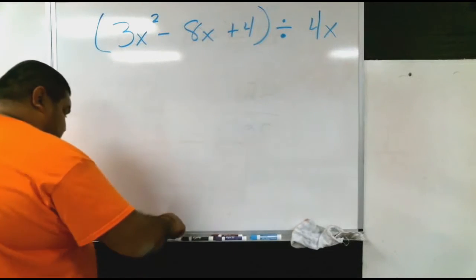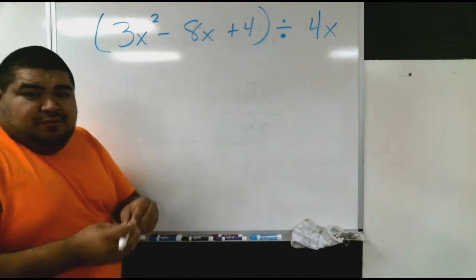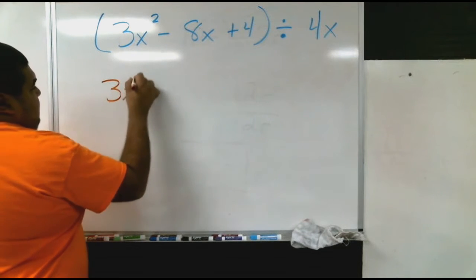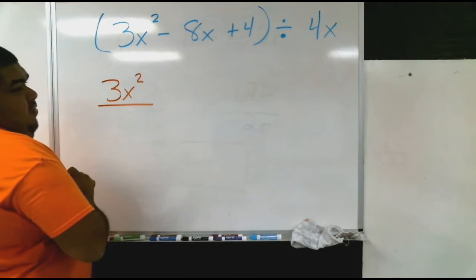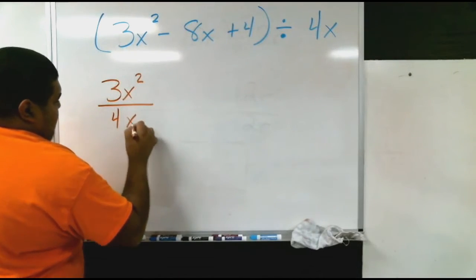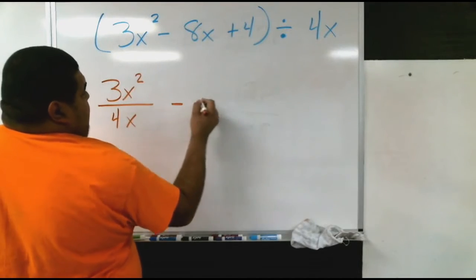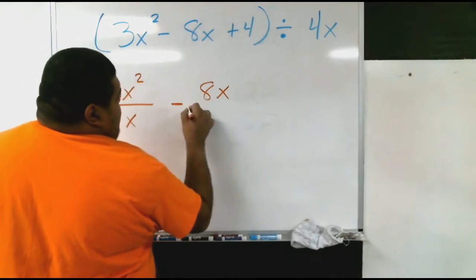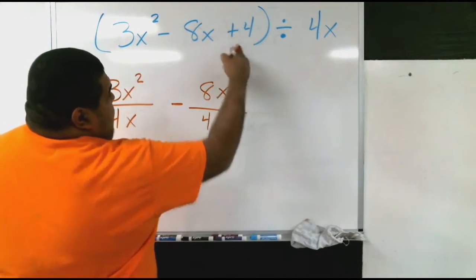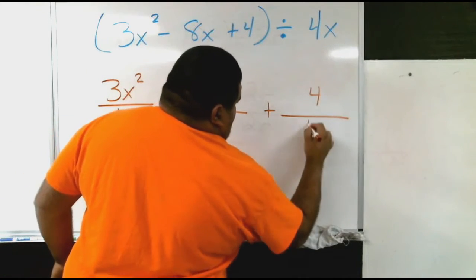All right. So let's go with this brown. We're going to write our first one, which is 3x squared over our 4x, minus 8x over 4x, plus 4 over 4x.